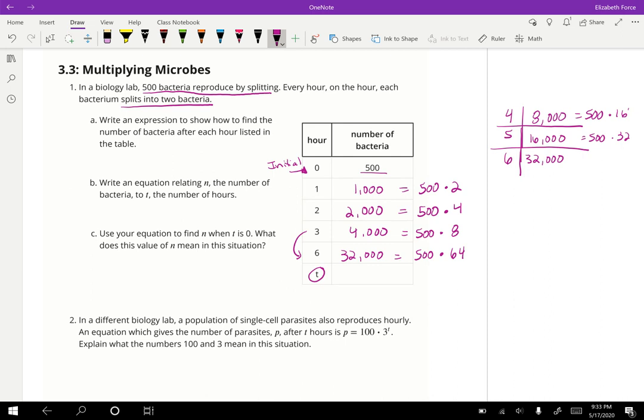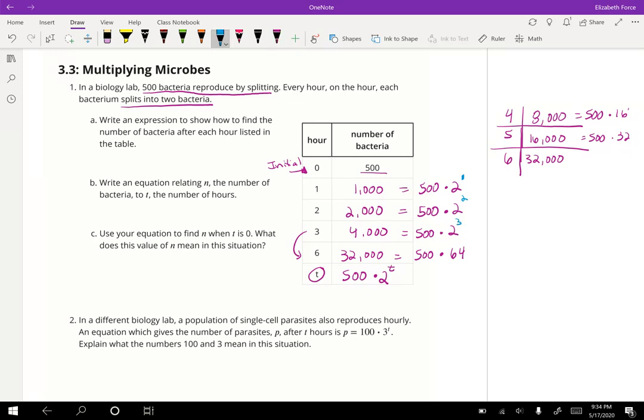So I can write my expression as 500, because that's my starting amount, times 2 to the t power, right? This is 2 to the first. Another way to write 4 is 2 to the second power. Another way to write 8 using that 3 is 2 to the third power.